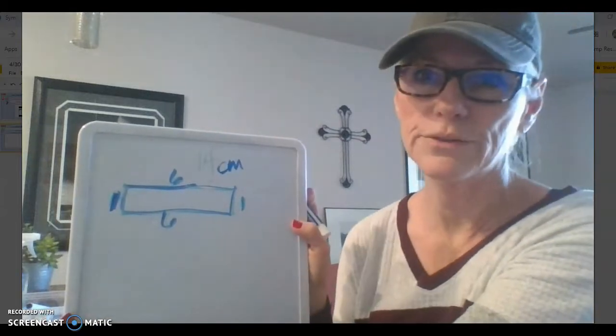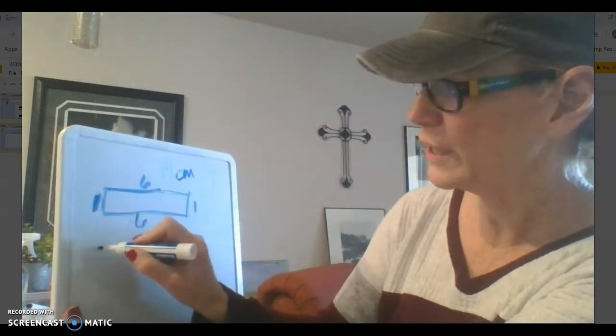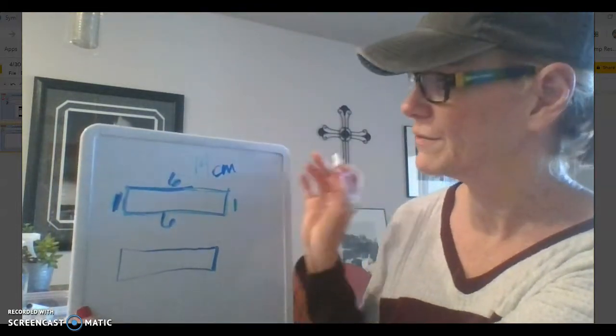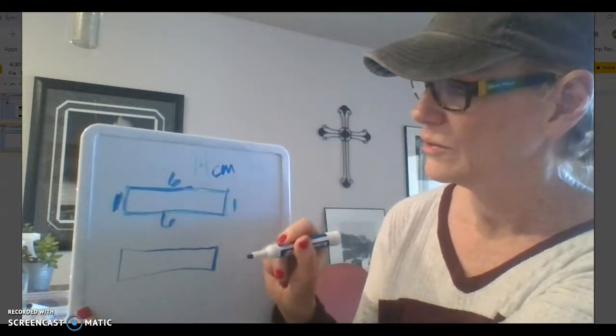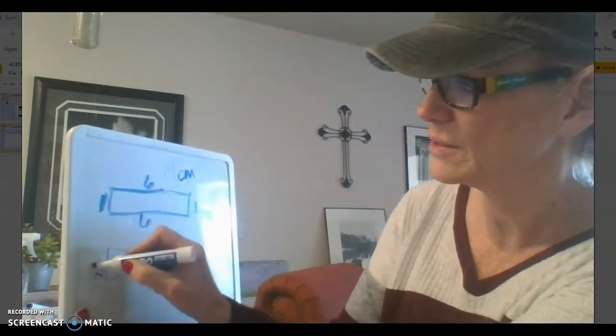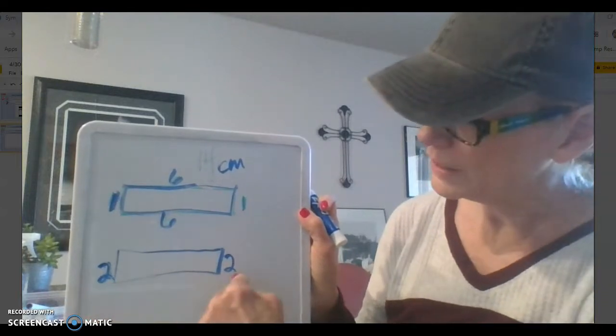Now I'm going to try to find another rectangle shape. So the shape doesn't matter as much as what we're trying to find is the measurement. So I'm going to go and try combinations of numbers with this measurement of 2.